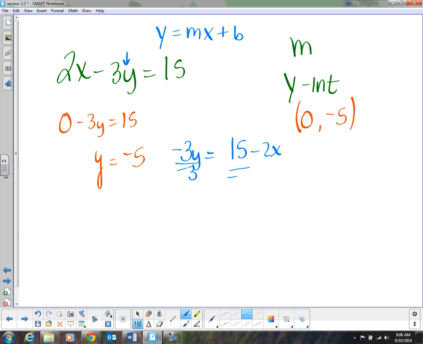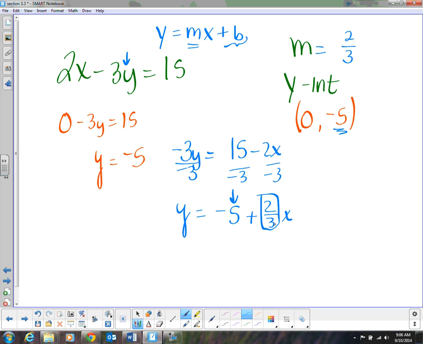We would divide by negative 3, and we would have y equals negative 5 plus 2/3 x. So what is your slope? The slope is what is connected to the coefficient of x, and that is 2/3. And notice your y-intercept is the constant.